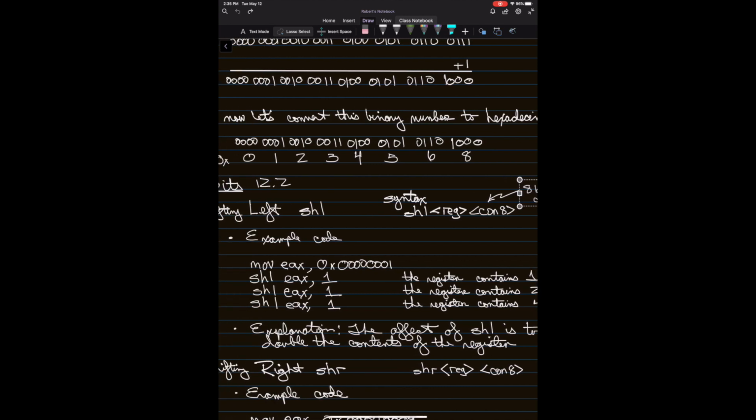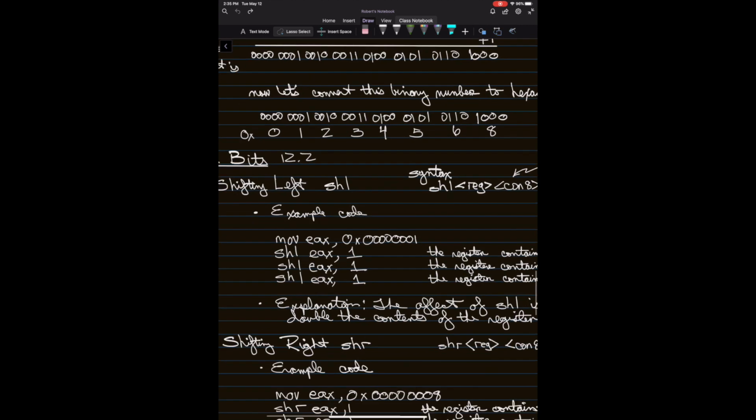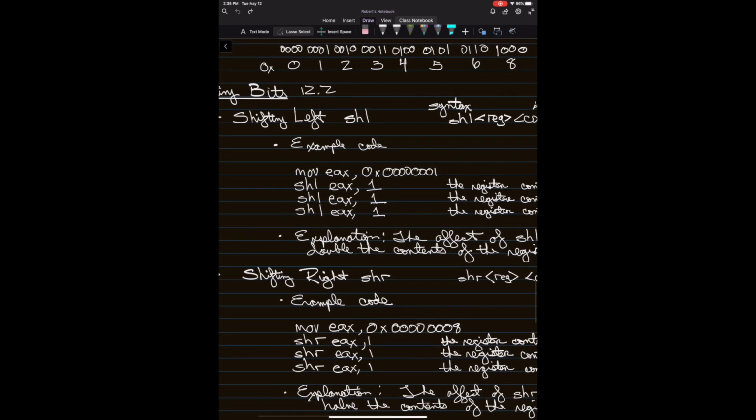Over here, notice for my example code that I have the move operation, and I'm going to be moving something into the EAX register. In this case, I'm going to be moving this hexadecimal number, 00000001.